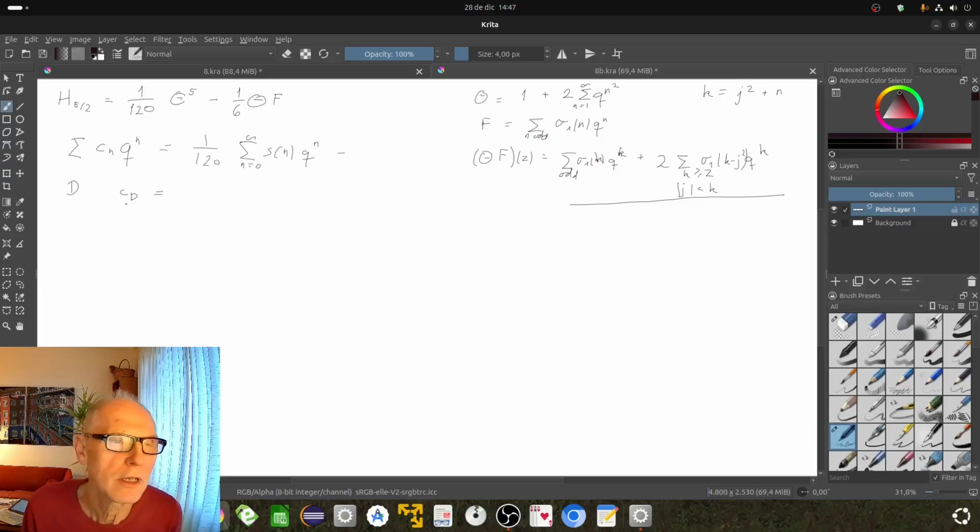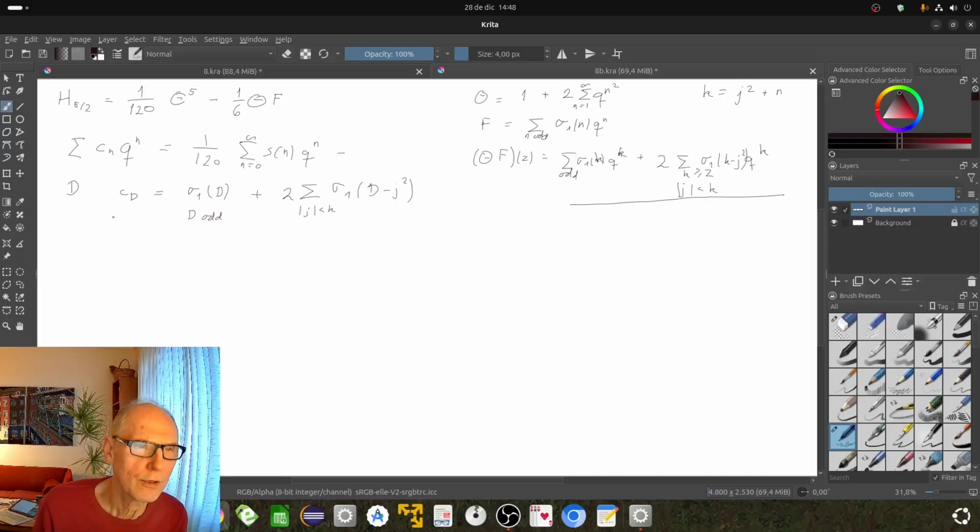If it's odd, and it can easily be odd, but if d is odd, and in that case, of course, c_d is L of chi evaluated at -1.